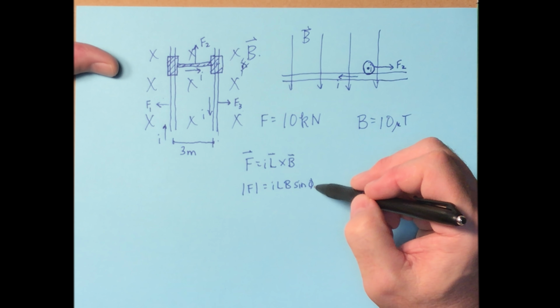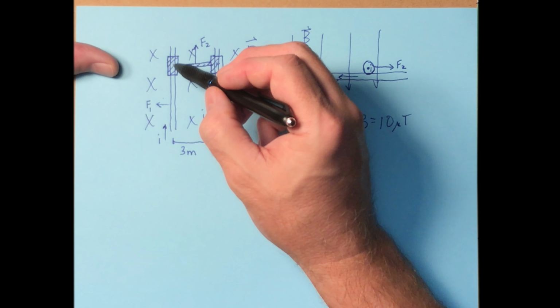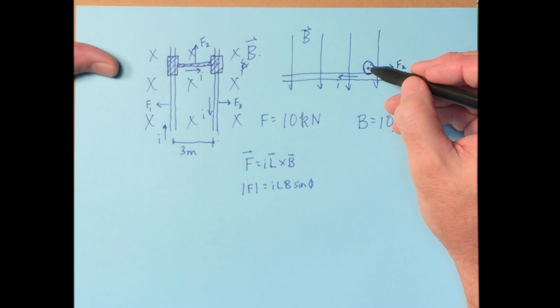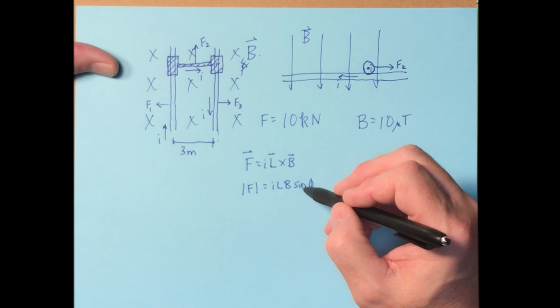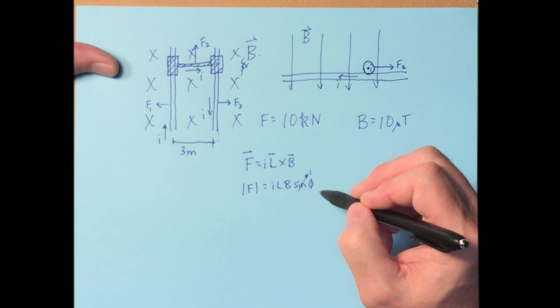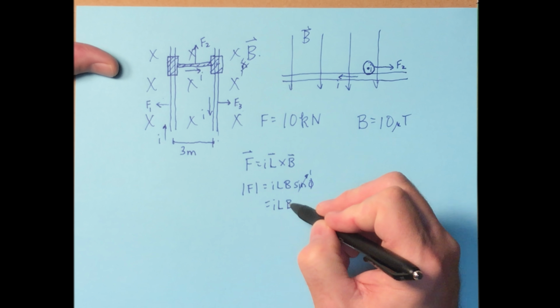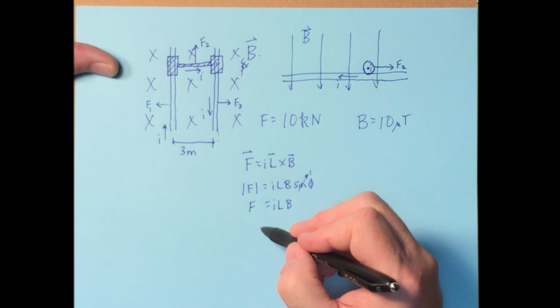The sine of phi, that's the angle between L, which is 3 meters along that axis there. Over here, L is coming out of the page. And B is downwards, so the angle is going to be 90 degrees, so the sine is going to be 1. So this reduces down to just I L B is equal to the magnitude of F, and we need to solve for I.